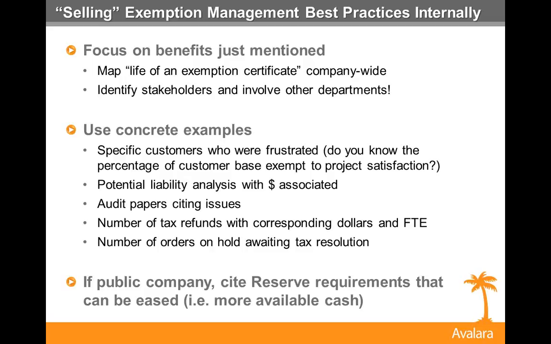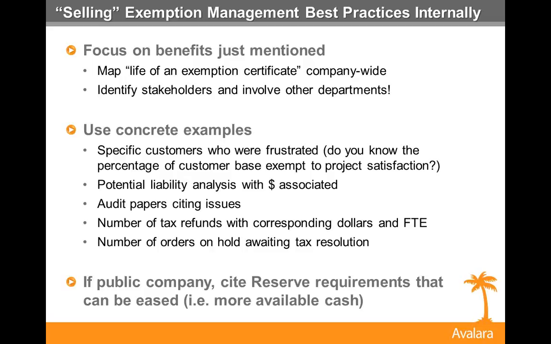Look at the number of credits and rebills that you've done that relate to exemption certificates that were received after the fact and how much time your team spent on that. Or look at the number of orders that are on hold because you're waiting on a tax resolution, an exemption certificate, etc. Or do an analysis that would show if an auditor came in today and I was missing all of these certificates, here's what it could cost us.